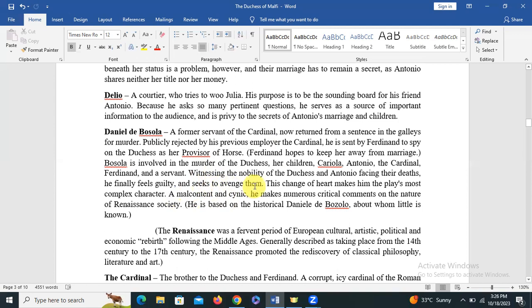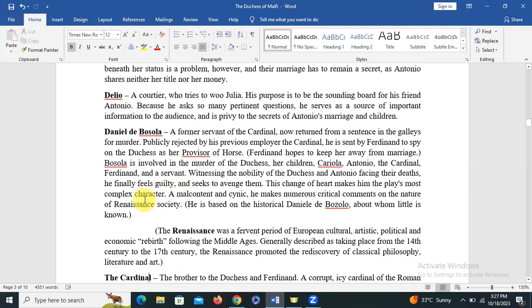He seeks the revenge of the Duchess and Antonio from her brothers. This change of heart makes him the play's most complex character. We'll see that he's a complex, confusing character. Sometimes we see his role as a villain, and on the other hand, as we are discussing, he was feeling guilty and wanted to take revenge.